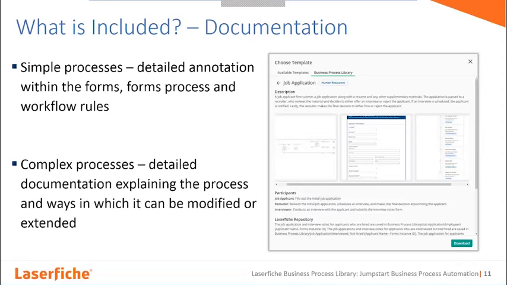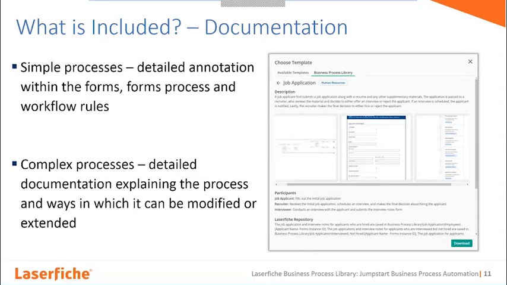The process diagrams and workflows themselves also include annotations to help explain certain steps or suggestions for configuration and expansion. For our more complex processes like the contract management process I just mentioned, they'll also come with documentation written up to help explain how everything is hooked up together, for you to figure out how to configure and expand for your own internal needs.